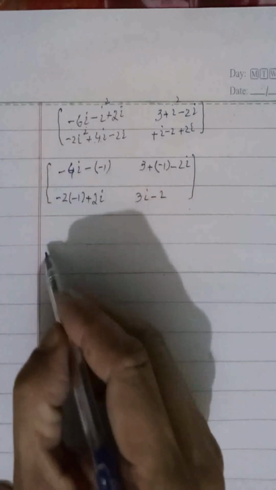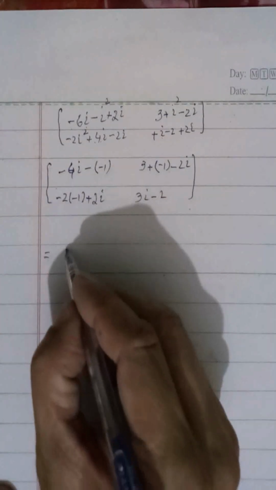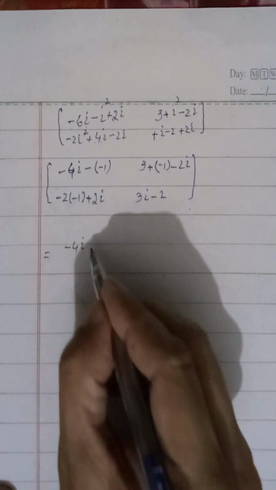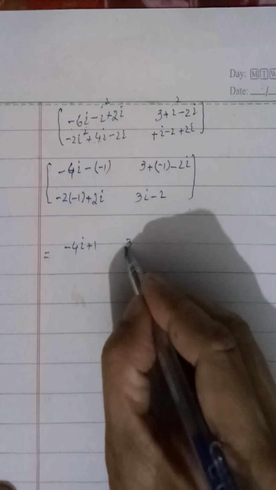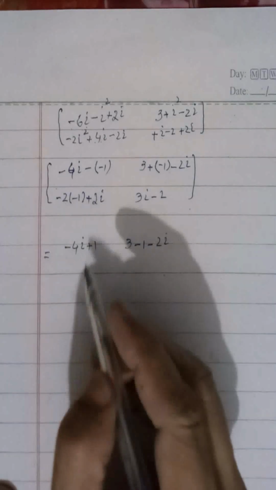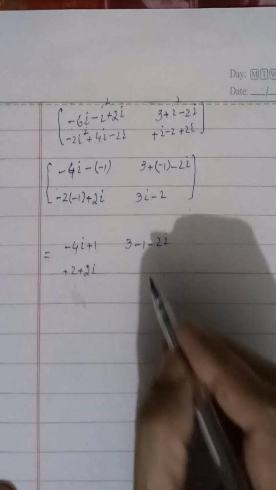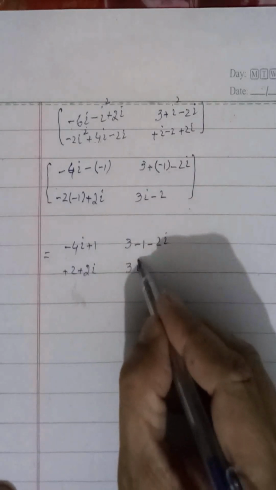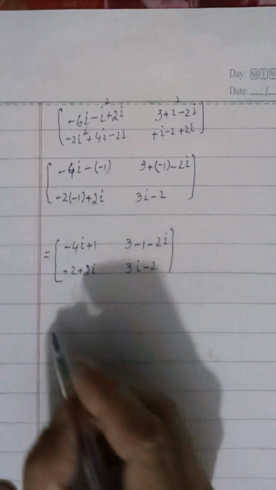Now we simplify the values, we get minus 4 iota plus 1 and 3 minus 1 minus 2 iota, and here is plus 2 iota, and this is 3 iota minus 2.